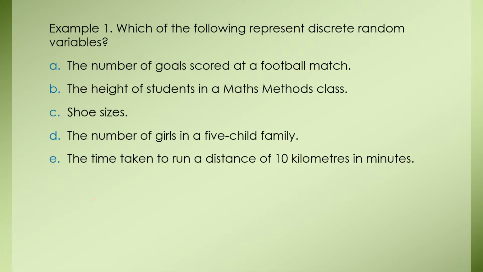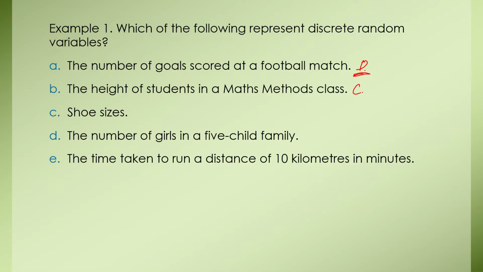The next one is the height of students. And the next one is the height of the students in a maths method class. This one particularly is continuous because height must be measured. So this is not discrete.